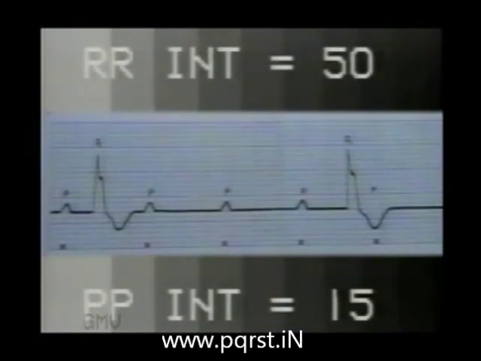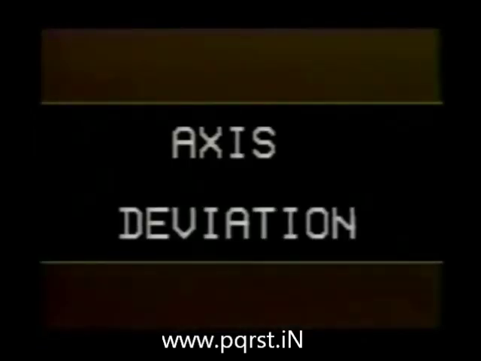In this tracing, the PP interval is 15 small squares and the RR interval is 50 small squares. So the atrial rate is 100 per minute, while ventricular rate is 30 per minute. Clinically, what we count by palpating the pulse is ventricular rate. Atrial rate can be seen only on ECG.